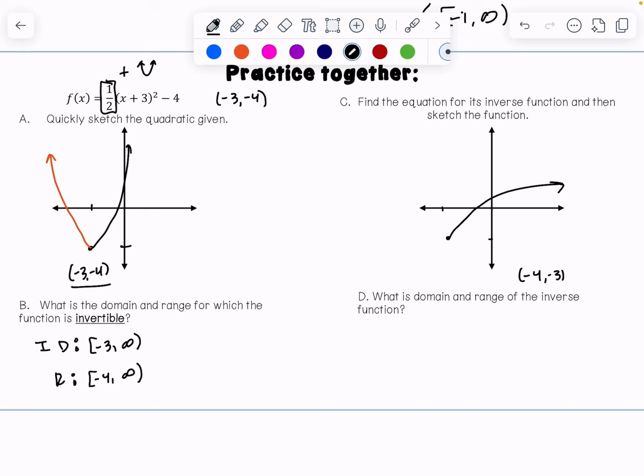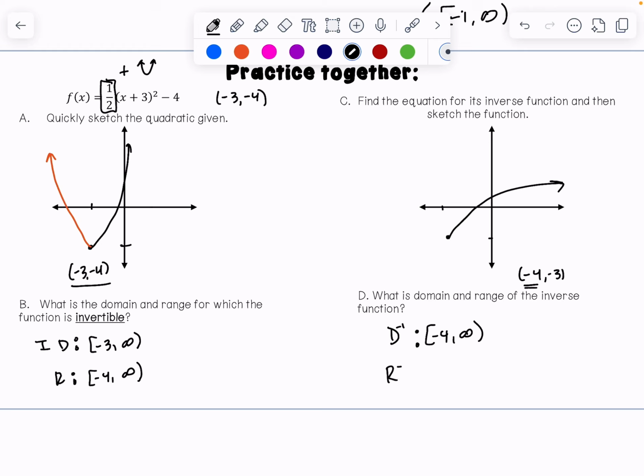Even if I were to go ahead right now and find the domain and range of this, the domain of my inverse, so I'm going to say the domain of f^-1 because this is my inverse. Well, now the x value is -4, opening to the right, so infinity. The range, well, now the y value is -3, going up, so to infinity.